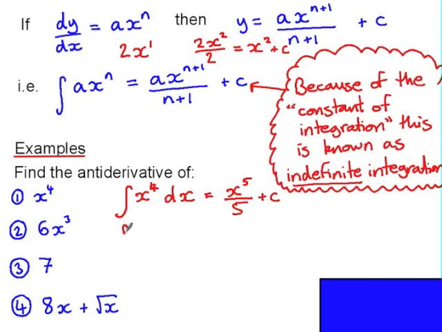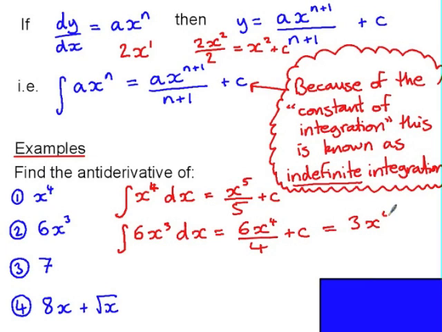In the second example, the integral of 6x cubed with respect to x is 6x to the power of 4 divided by 4 plus c, and I can simplify that to 3x to the power of 4 over 2 plus c.